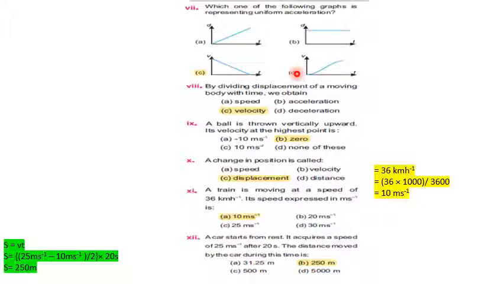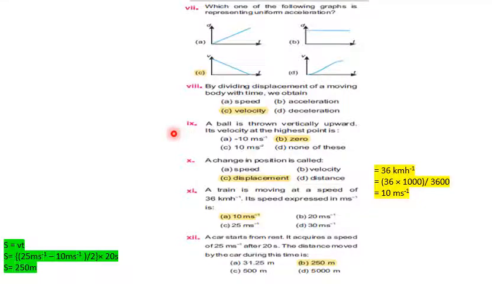So when the change in velocity is not uniform, the acceleration is not uniform. So C is the correct answer. Question number 8. By dividing displacement of a moving body with time, we obtain A. speed, B. acceleration, C. velocity, D. deceleration. Option C is the correct answer.